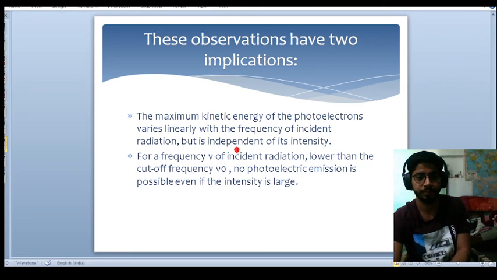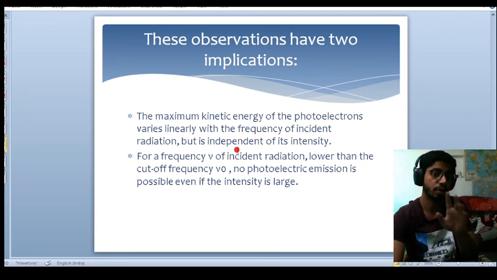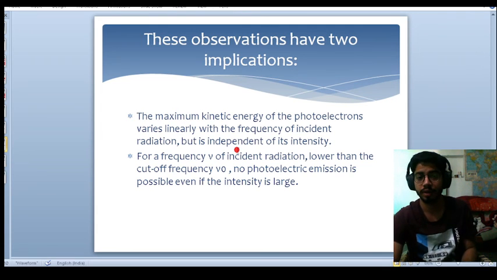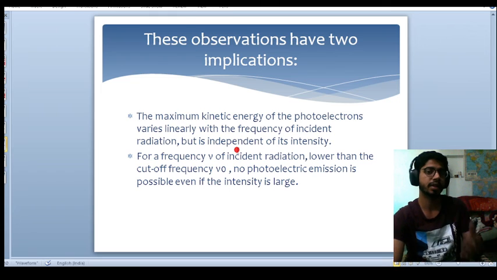We have seen that for a frequency of the incident radiation lower than the cutoff frequency, no photoemission is possible, even if the intensity is large.